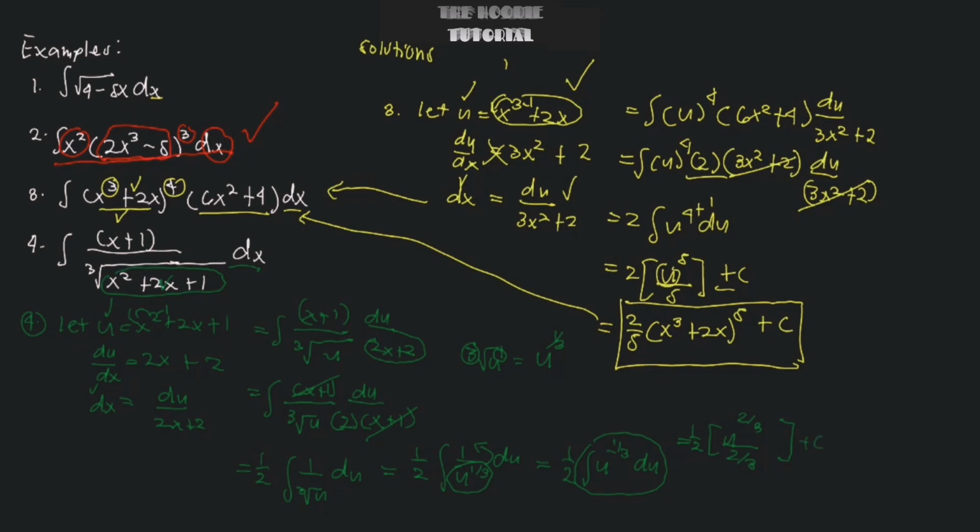So we can simplify this. 1/2, and then we can raise this up. That would become the reciprocal, which means we are going to have u raised to 2/3, and then the reciprocal of the denominator, which is 3 over 2, and then plus c.